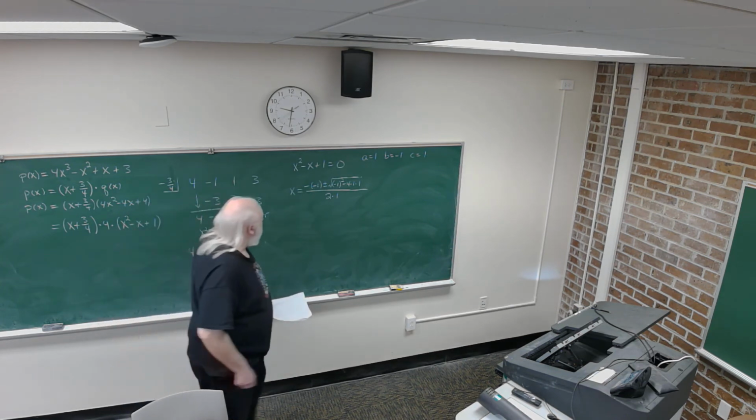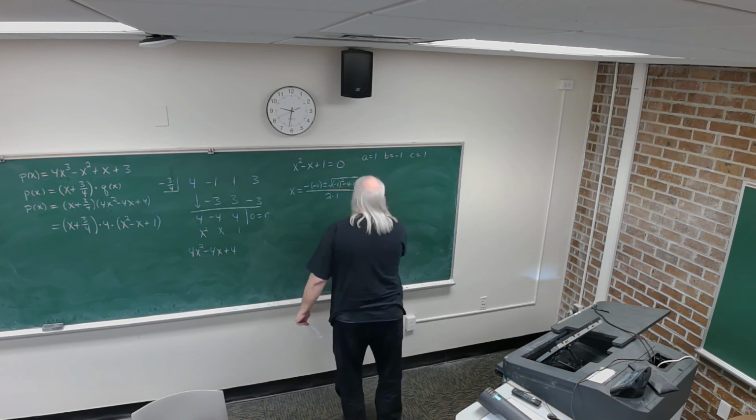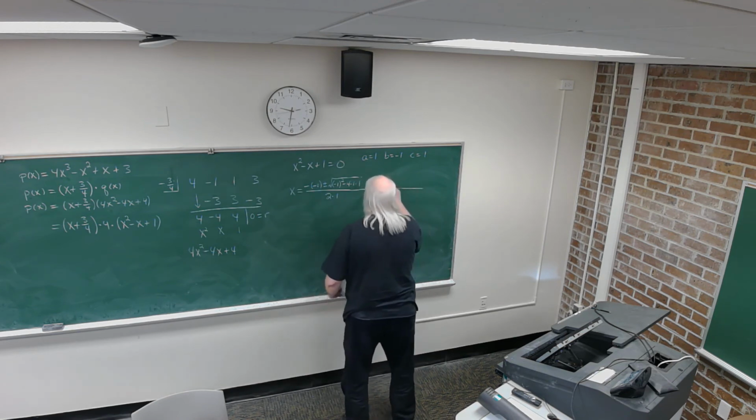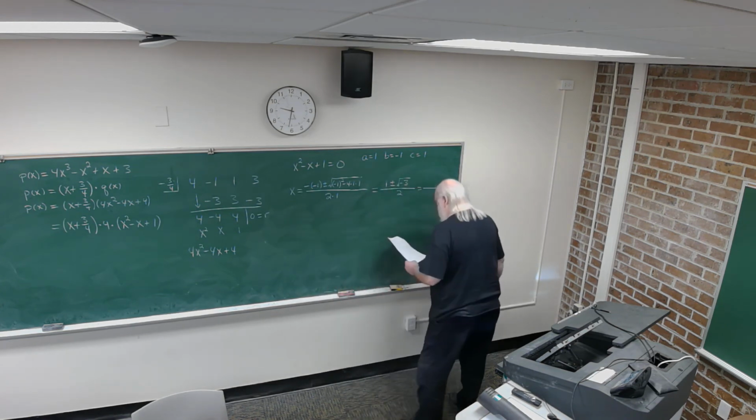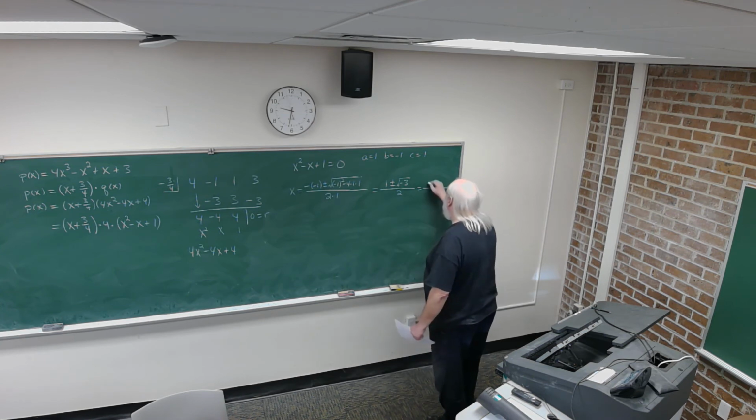Well, when I do the arithmetic, I get 1 plus or minus the square root of minus 3 over 2. Which is equal to 1 plus or minus i root 3 over 2.